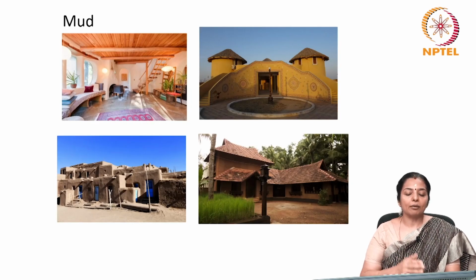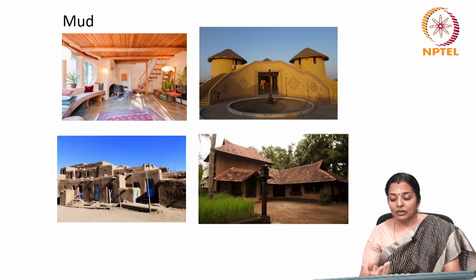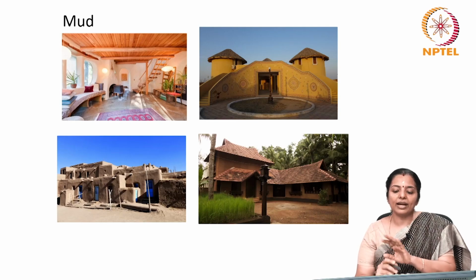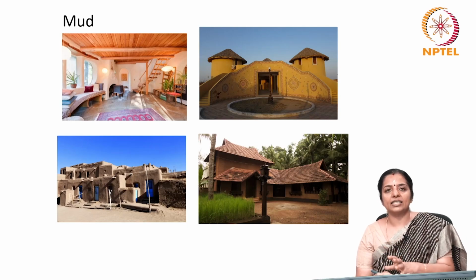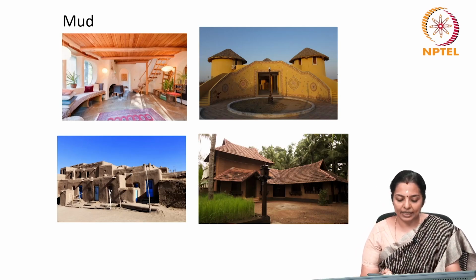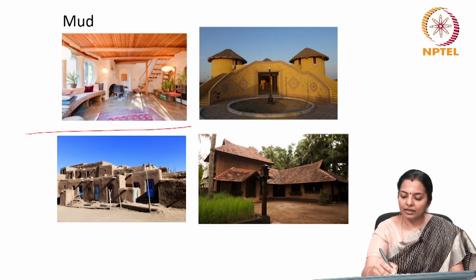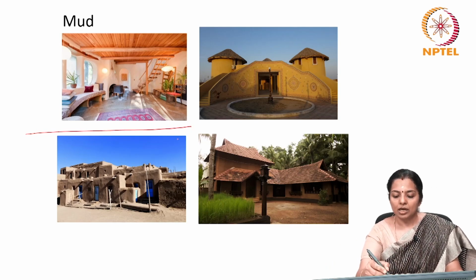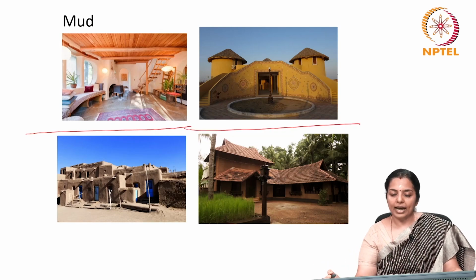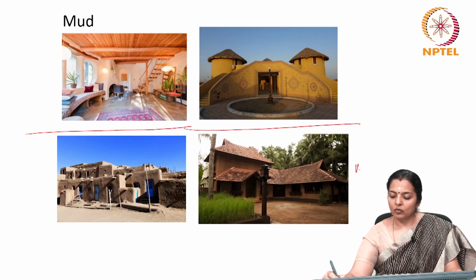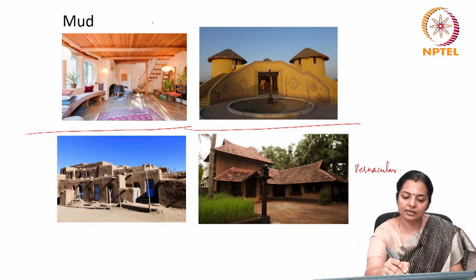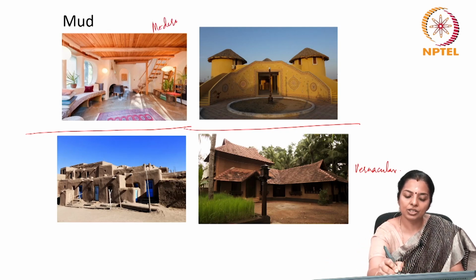Similarly, let us look at mud. Mud can function equally well. I mean, you don't have to think of mud only as an old hut or something like that. Traditionally, mud has been used in structures which are vernacular. So we have this is vernacular, and this I consider as a modern structure.